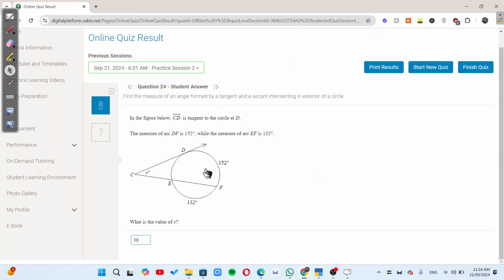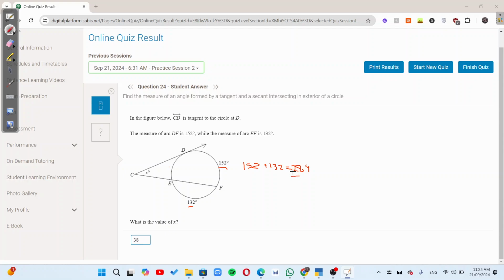Now next question. Okay, so this question is easy also. We already said that the whole circle is equal to 360. So if this is 132 and this is 152, this is whatever is left of the circle. So you have to add 152 plus 132. Okay, so let's do that. 152 plus 132, you're gonna get it to equal 284.